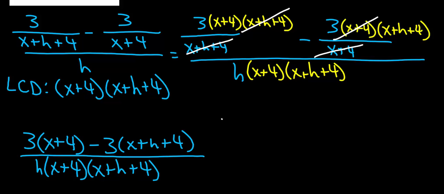Now, we carefully clear the parentheses and see what cancels. We got 3x minus 3h minus 12.